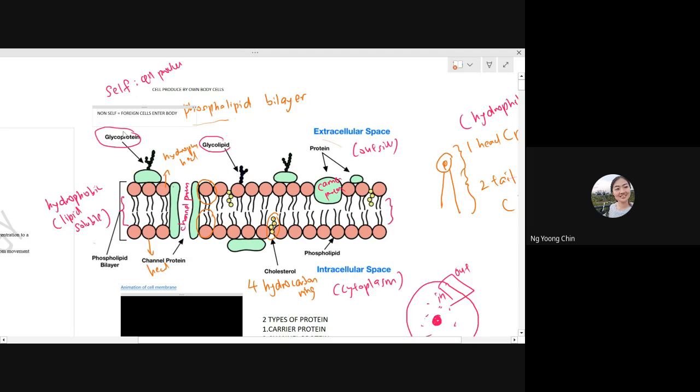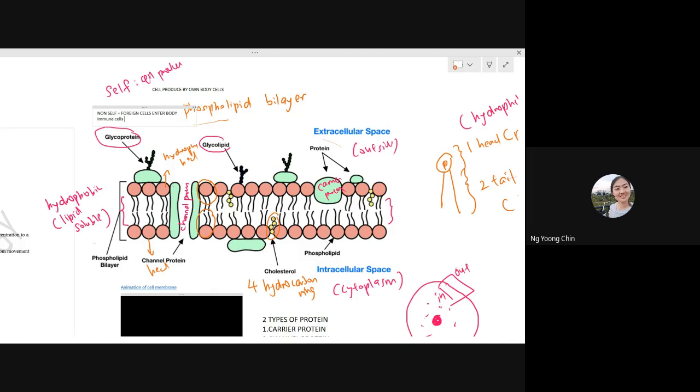For example, the immune cell will recognize that this cell is from our own body, so I need not attack it. But if the cell is a foreign cell entering the body, it will be recognized by your immune cell. Oh, this cell with this kind of glycoprotein and glycolipid structure is not from my body.